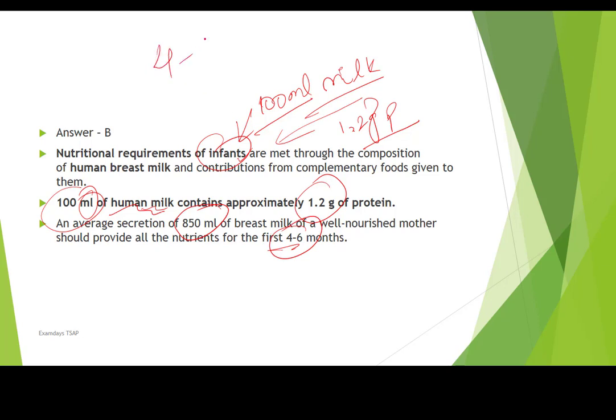This is a very important scenario. Up to 4 to 6 months the mother has to give breast milk to the child. A minimum of 4 to 6 months is compulsory, because the infant's body needs certain proteins from mother's breast milk to grow.